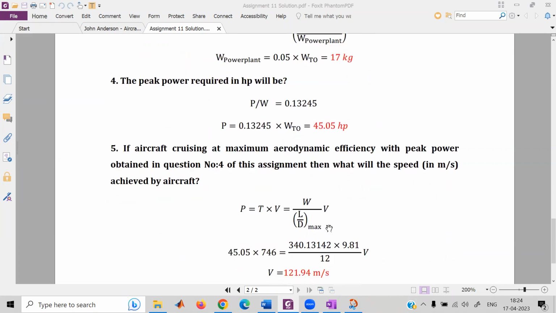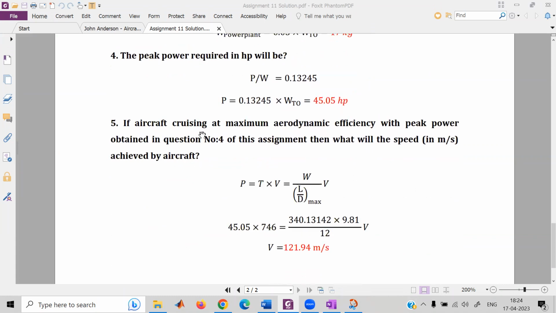Straightforward question. If the aircraft is cruising at maximum aerodynamic efficiency, with the peak power obtained in the last question, then what will be the speed? Looks pretty straightforward to me. Power is thrust multiplied by velocity, and thrust can be written for the cruise like this.